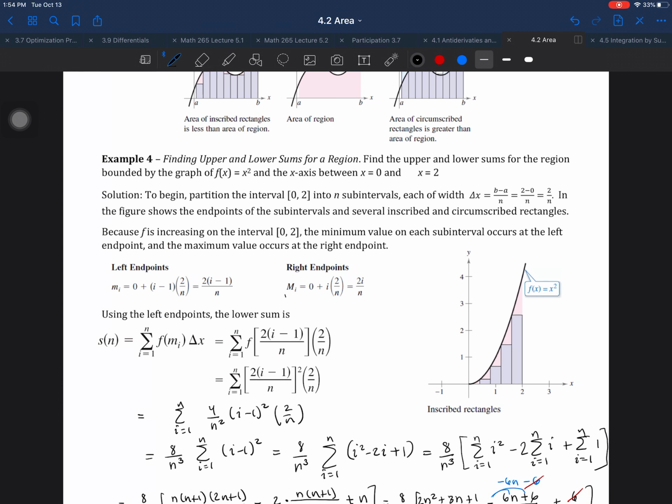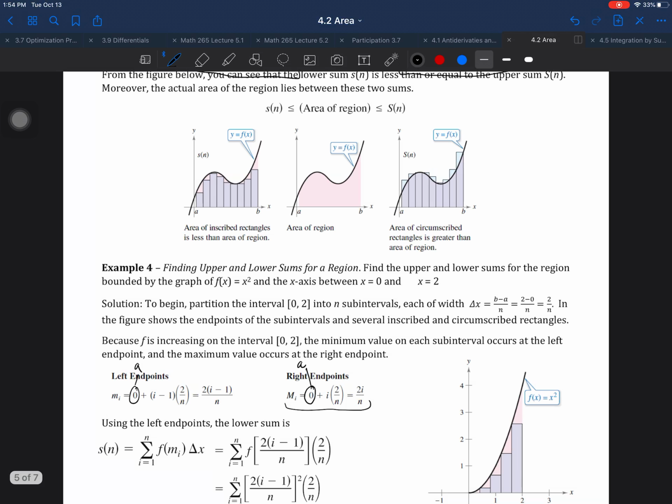So with the right point, this will depend on your starting point. In this case, this is always a. In fact, I can start writing a general formula for this. So your mi is going to be your starting point plus i minus 1 times delta x.